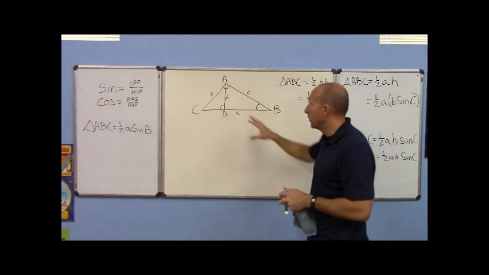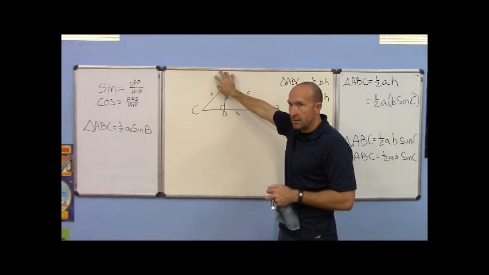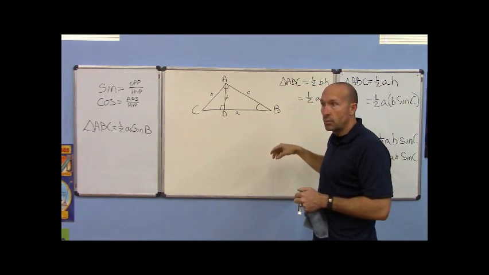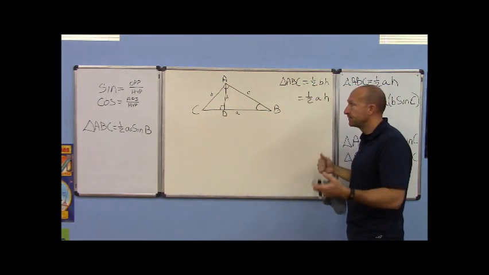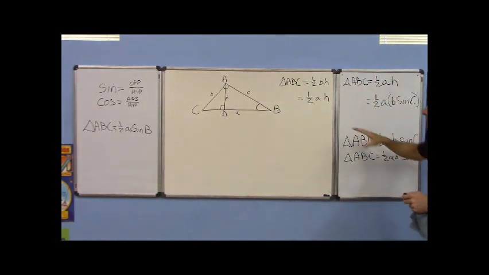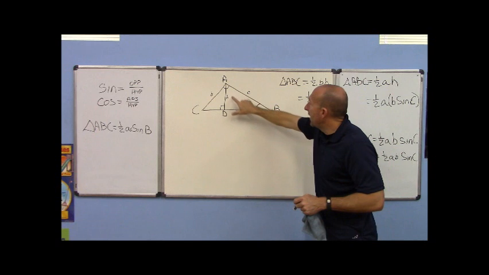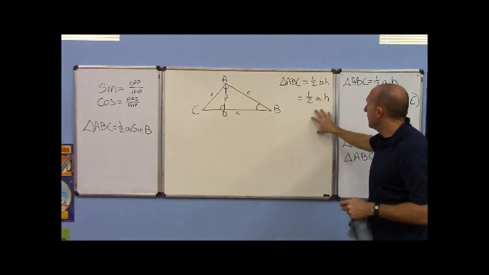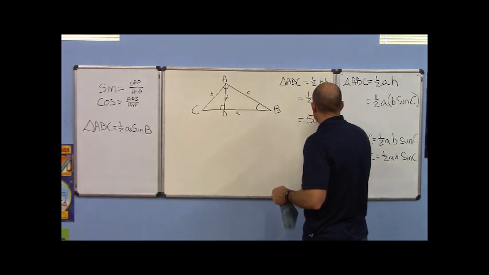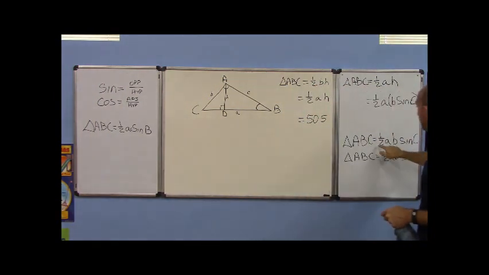So in this situation, we're not going to use A, but we can use C or B to help us out. We can use both to confirm our answers. What's interesting is if you were given values for both of these and you had an answer, let's say 50.5, both of these will result in 50.5.